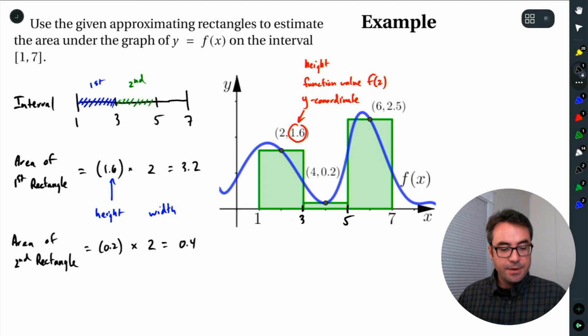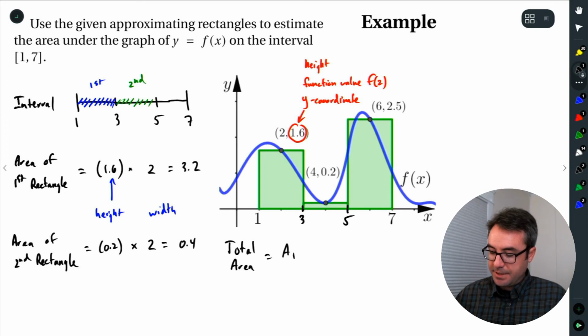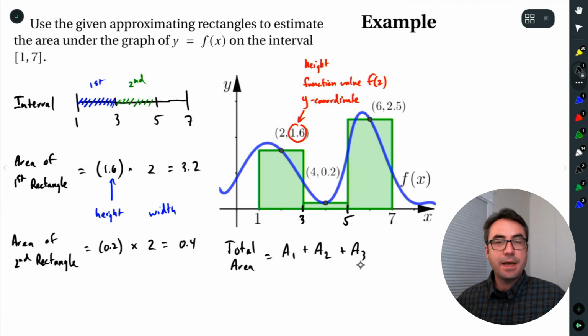And so the way to get the total area is we're just going to take the area for that first rectangle plus the area for our second rectangle plus the area for our third rectangle and just add them all together.